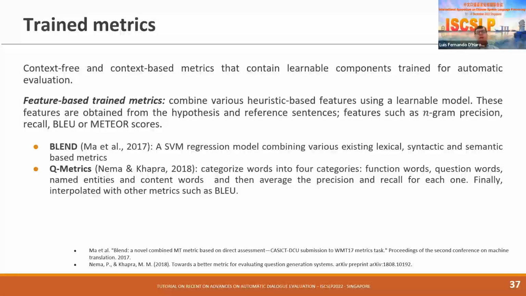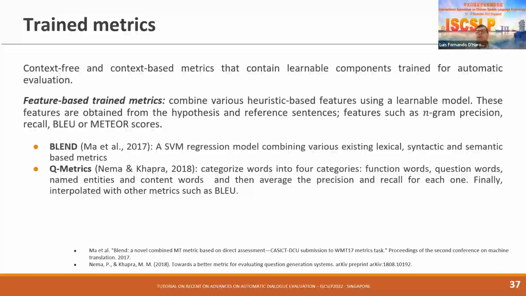Then we move into trained metrics. We can have here context-free or context-based metrics that contain learnable components trained for automatic evaluation. In this case, what people are basically doing is combining different heuristic features that we extract from the dialogue, and then we train a system or a model to be able to predict the goodness of the response.